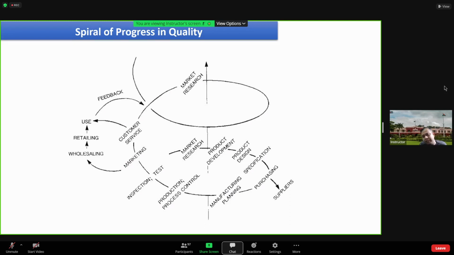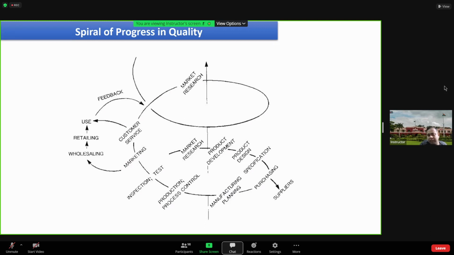So we consider all these activities as a quality function, and then we say that it is the responsibility of each and every individual in that functional department to ensure that fitness of use is achieved.